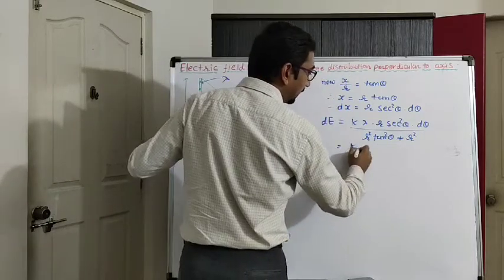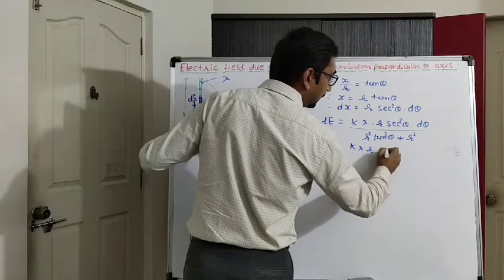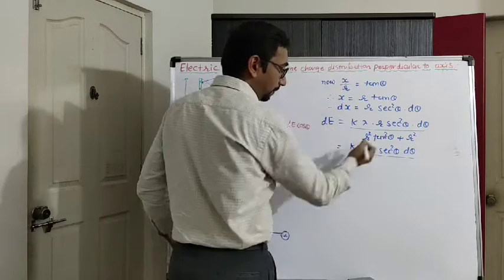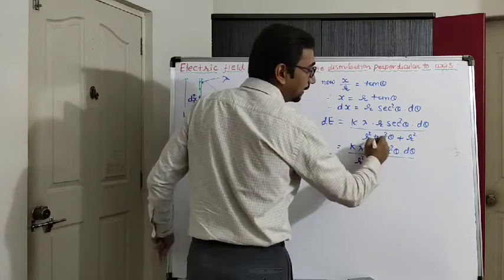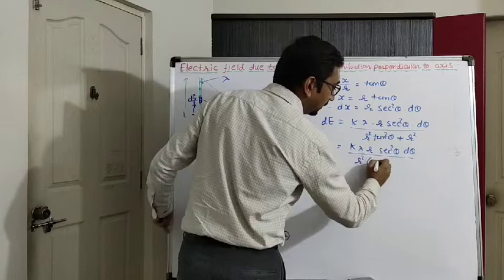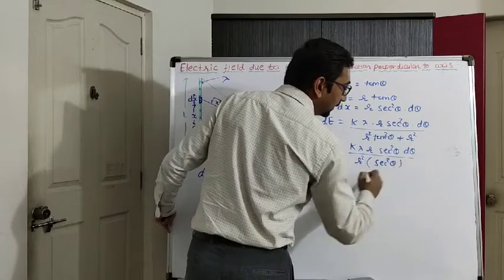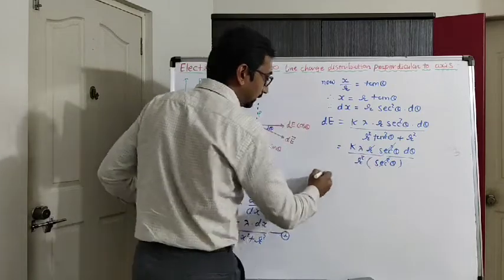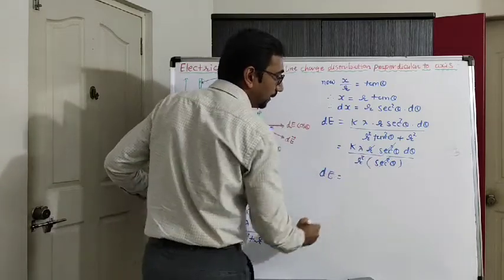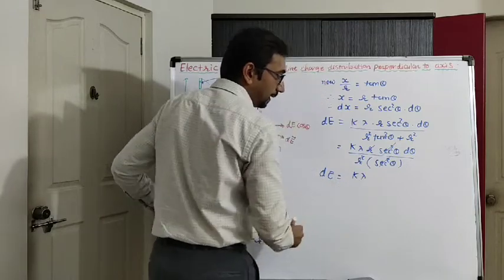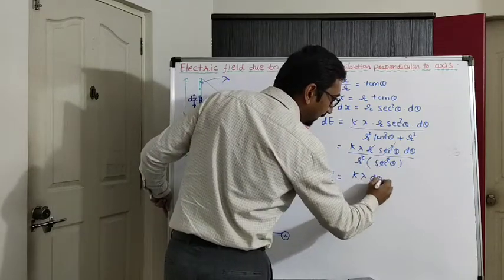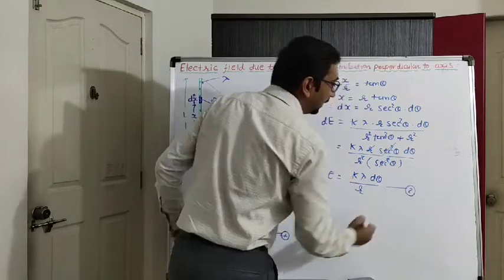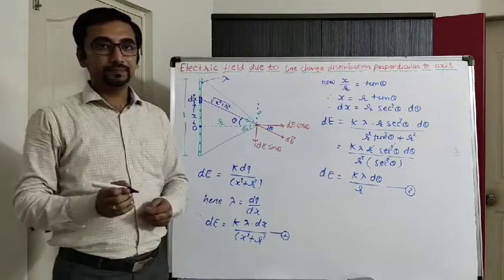So here k lambda r into sec square theta d theta upon, we can take r square common, that will be tan square theta plus 1, which is again sec square theta. So here sec square theta cancels, one r cancels. So dE is equal to k lambda into d theta upon r. So now we have the value of dE.